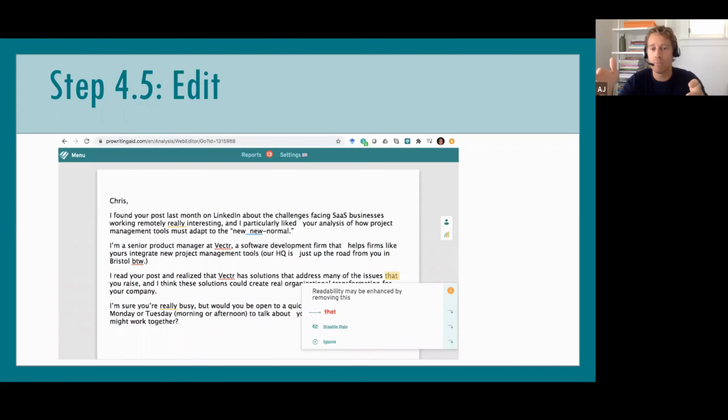Readability would improve if you remove that. And there are other places where it says that too. You do this 5 or 6 times, and the overall flow of the email just starts to feel smoother and cleaner. And so this is the way the ProWritingAid tool can help.